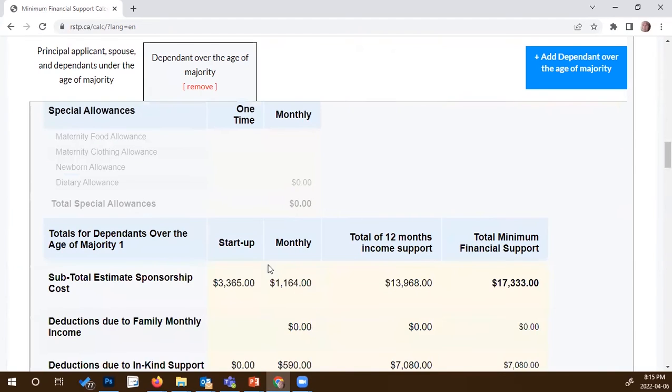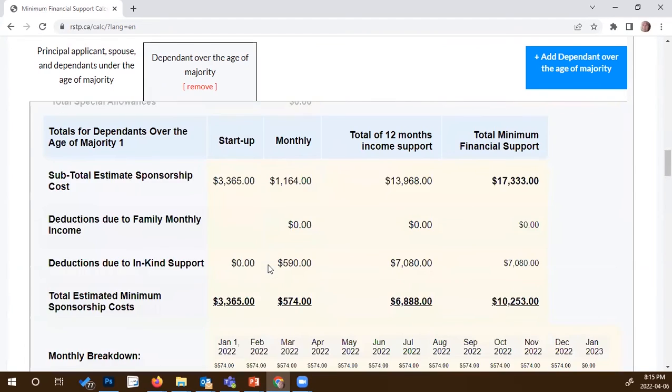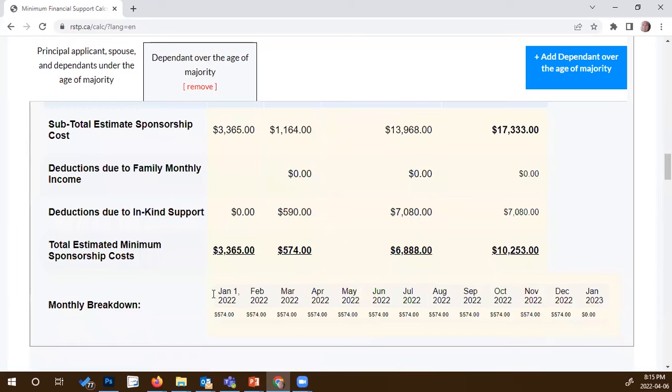And of course, there's no special allowances being made. And when I take a look at this individual's breakdown of costs, they also have $574 per month for monthly settlement support costs. And you would, again, in the first month, be also giving them the startup costs.